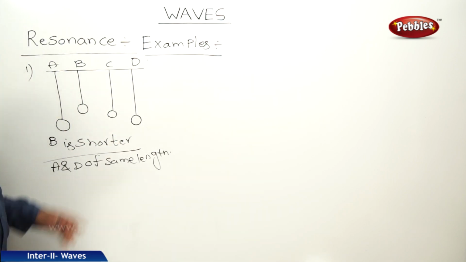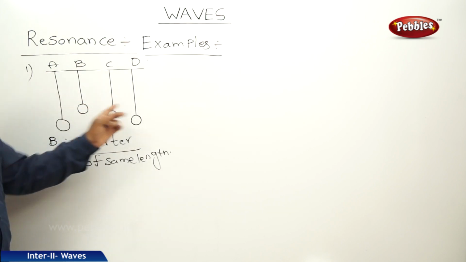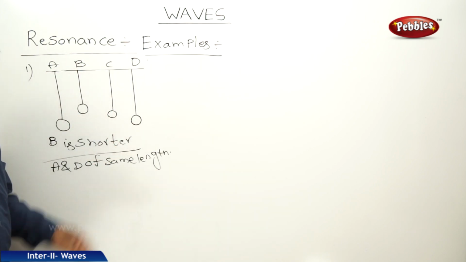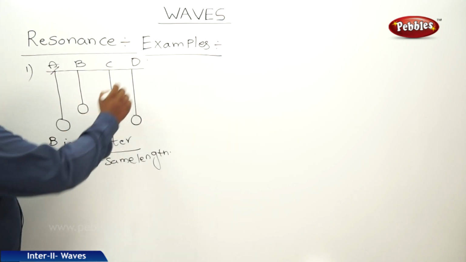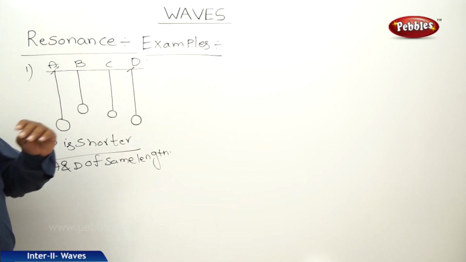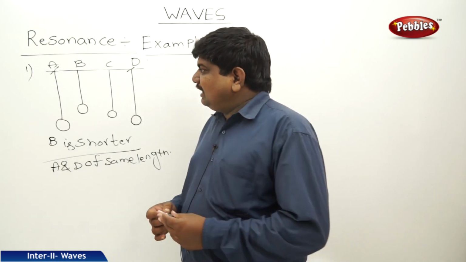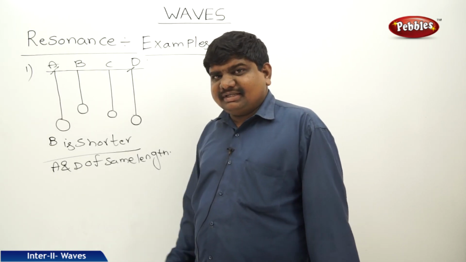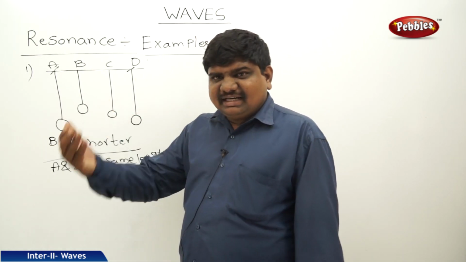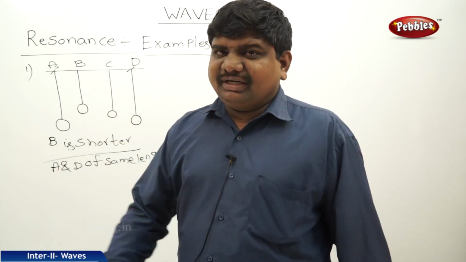Whenever you apply the force on the tube, all these pendulums will catch the frequency, nothing but the forced frequency. After some time, A and D will both vibrate with the same frequency, meaning they will do an equal number of vibrations in equal time intervals. Frequency is nothing but the number of vibrations per unit time.